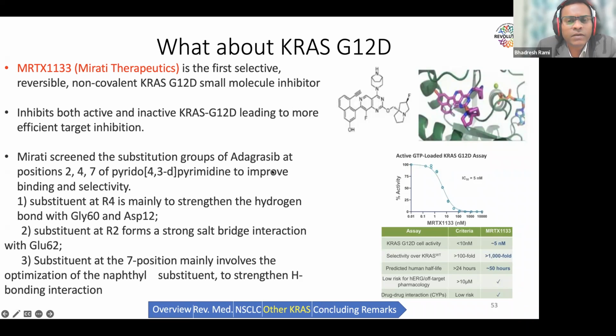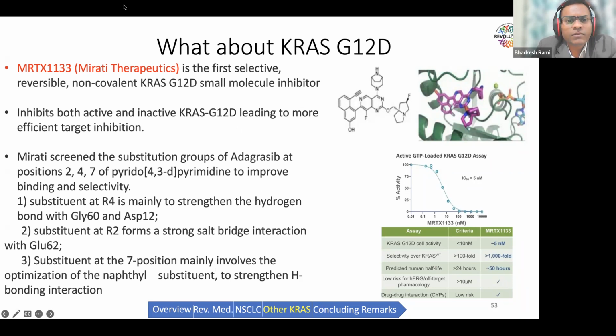Now remember, because this is not a chemical modification of the cysteine thiol, there is no good chemistry to modify covalently the aspartate carboxylate side chain. So it is a reversible molecule, unlike adagrasib, and it's of course a non-covalent small molecule inhibitor.